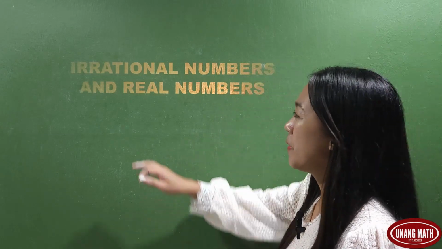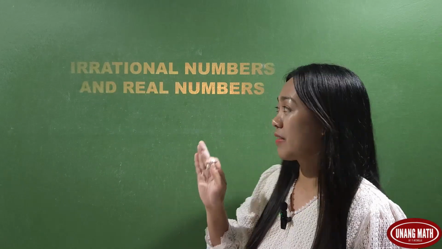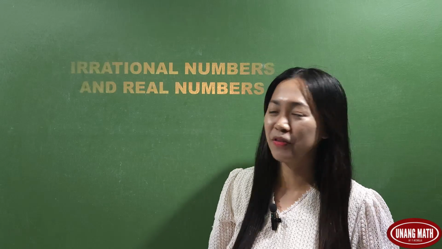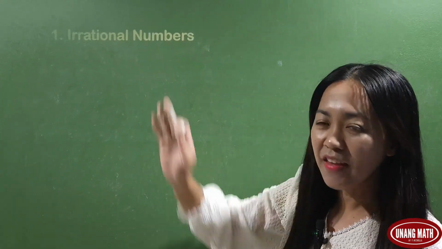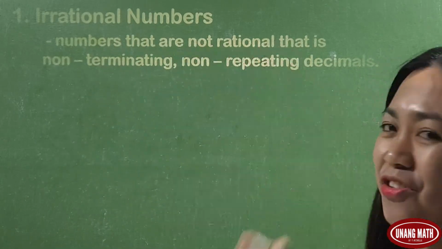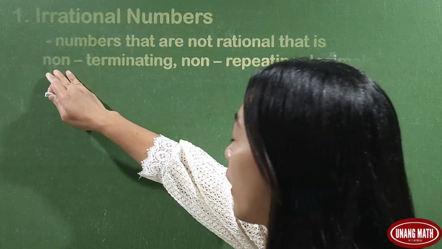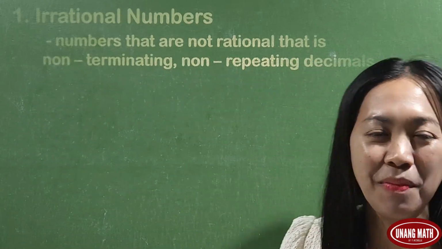In this episode, I will be discussing this lesson, irrational numbers and real numbers. Okay, let's start with irrational numbers. These are numbers that are not rational. These are non-terminating, non-repeating decimals.